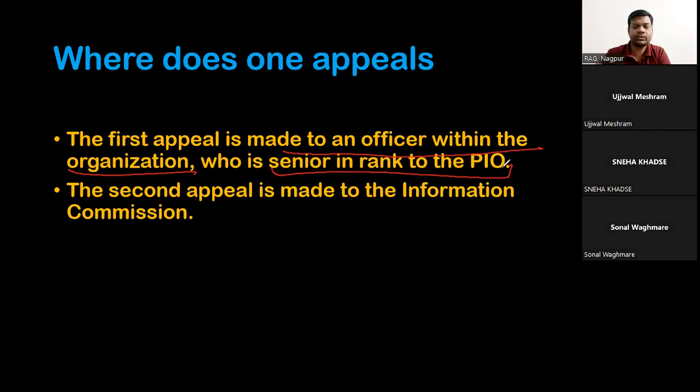If you want to know some information about a university, you'll go to the administrative office of the university and find out who is the first appellate officer. Say, Mr. X is the first appellate officer there.